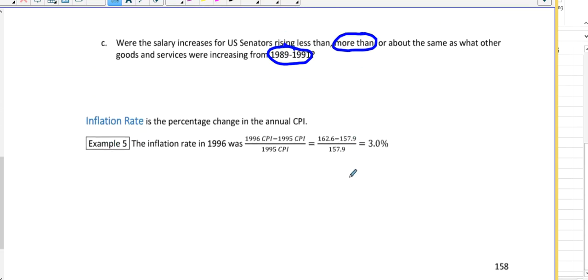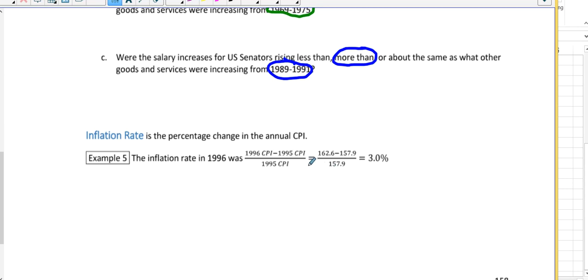And the very last little example here: first we're just defining what inflation is. It's just the percent change. Hopefully y'all remember percent change: it's just going to be new minus old over old.